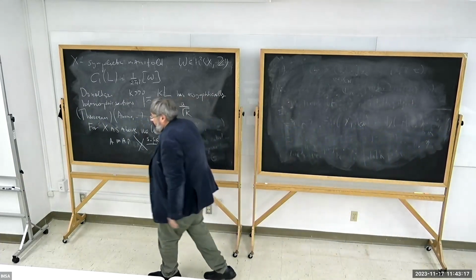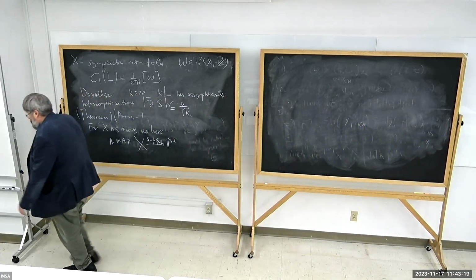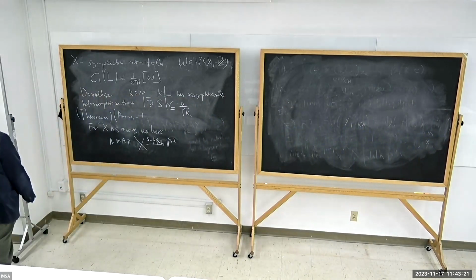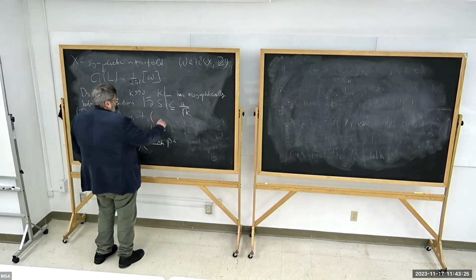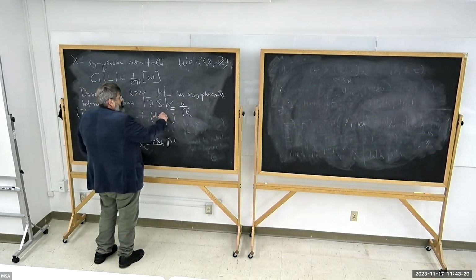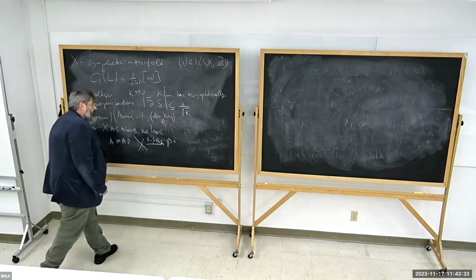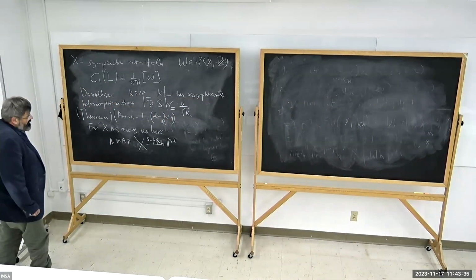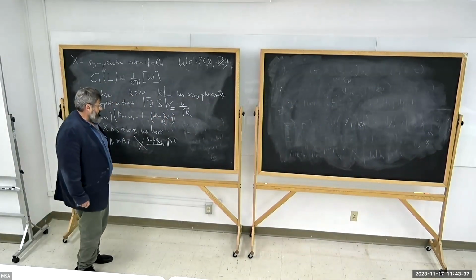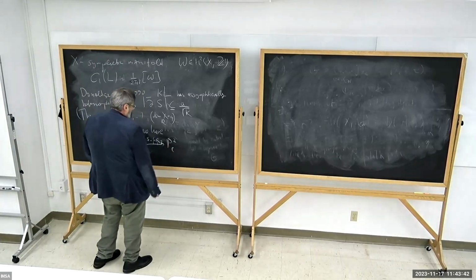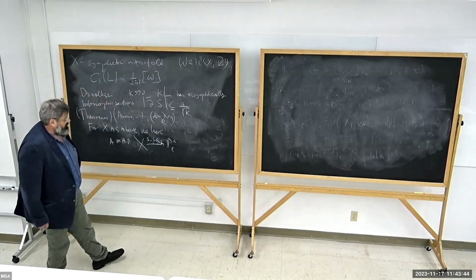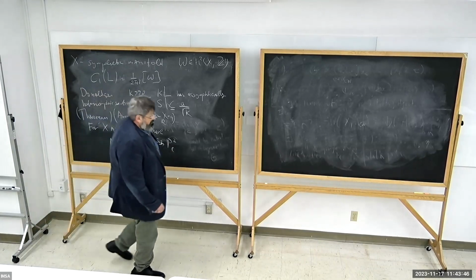it's true in any dimension, actually. But for simplicity, let's put the real dimension of X equal to 4. And so this is a finite map. And this map has a ramification.